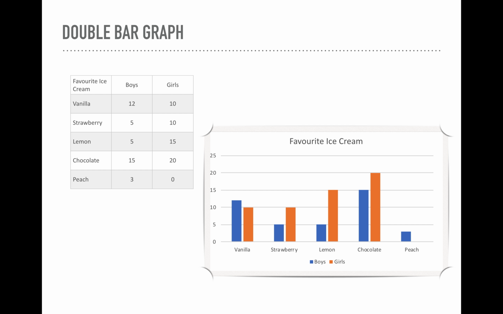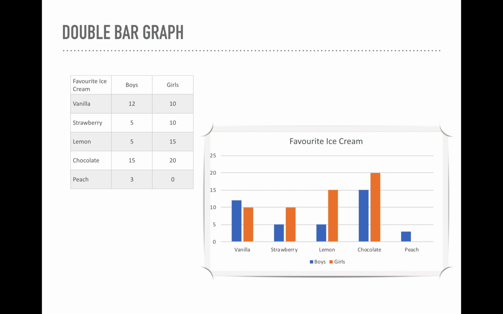So for our units and our question, our data, it stays the same, and you see it on the graph as well. So for vanilla, the blue is for boys, and the orange is for girls.